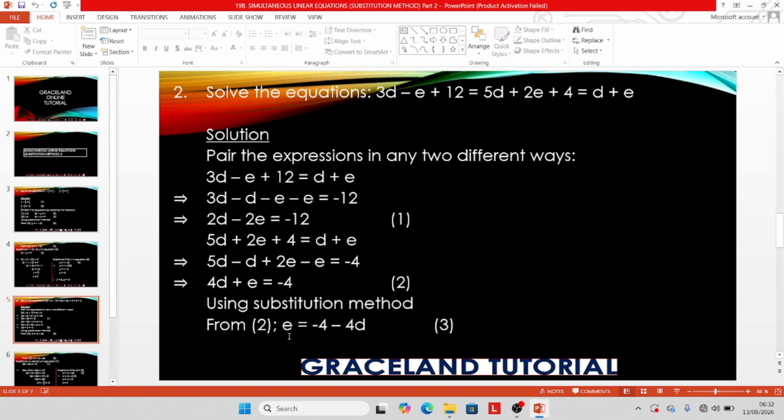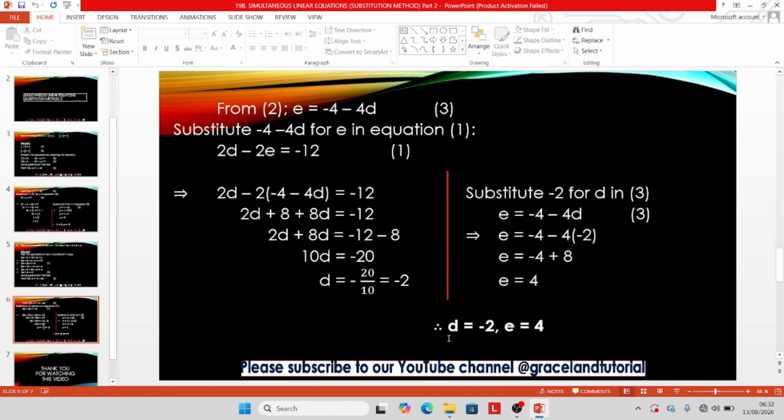So we have e is equal to minus 4 minus 4d as equation 3. Now we will substitute minus 4 minus 4d for e in equation 1.